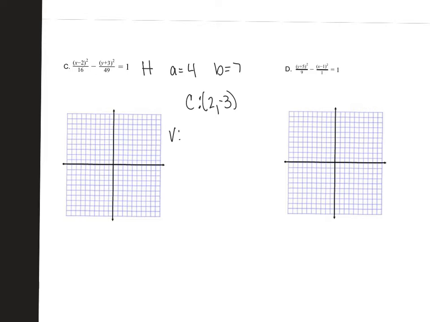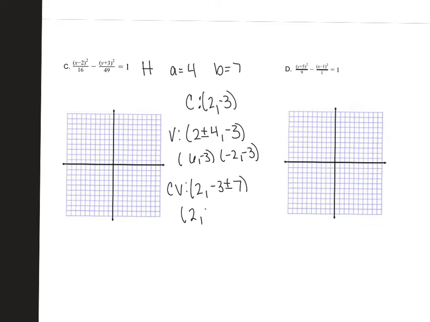So my vertices are h plus or minus a, comma k, so 2 plus 4 is 6, comma, negative 3. 2 minus 4 is negative 2, comma, negative 3. My co-vertices are going to be at h comma k plus or minus b. So that's going to be at 2 comma 4 and 2 comma negative 10.